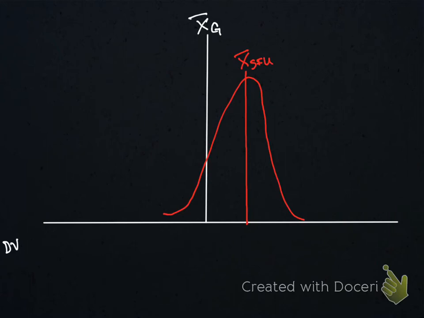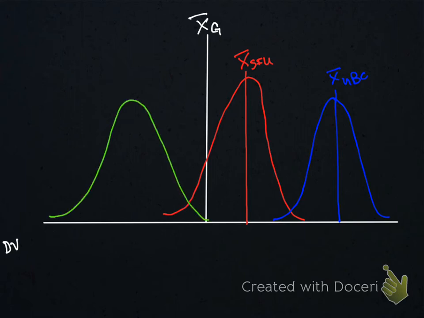We'll say UBC is somewhere around here, so we have the sample mean for UBC. And let's say that Capilano is down here, based around their sample mean.